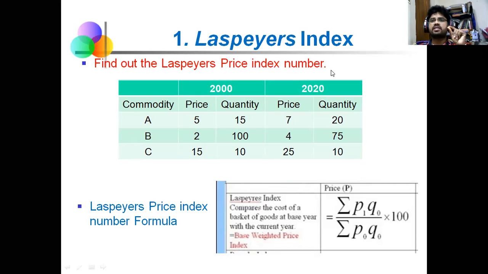They will give this kind of question and we need to calculate the Laspeyer price index. I'm repeating the formula. L is for Laspeyer, P01 is the price index. The price index is equal to the sum of P1 into Q0 divided by the sum of P0 into Q0, into 100. Keep that in mind.